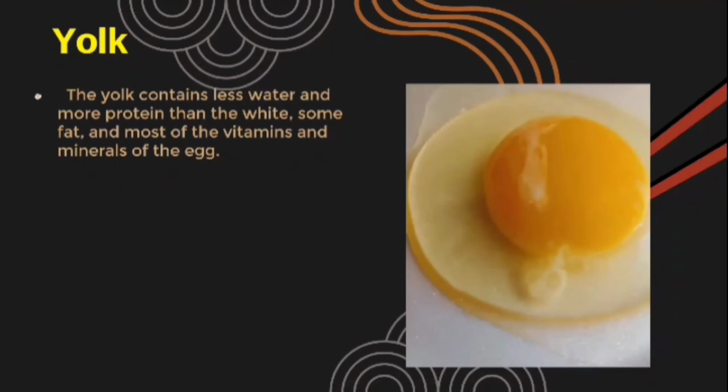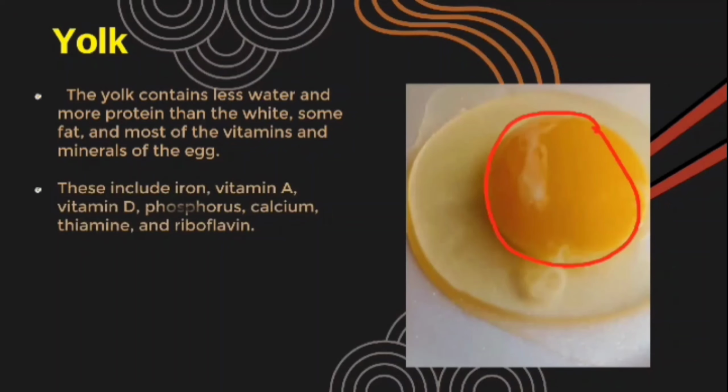Dahil nga mataas sa kolesterol, ang yolk. Pero madami din namang makukuhang protina, vitamina sa egg katulad ng vitamin A para sa mata, vitamin D, phosphorus, calcium, thiamine, and riboflavin. Yan yung mga nakukuha sa egg yolk.